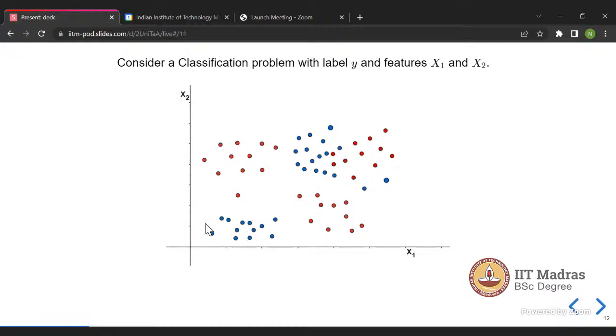Okay, so this is one example of a classification problem where there are two features, x1 and x2, and both are numerical features. The data belongs to two classes, red and blue, and this is how our data are distributed. We have to split this data set into regions according to features x1 and x2.